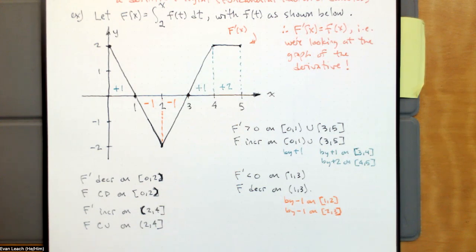Then on the interval from 4 to 5, the only part that we haven't looked at the concavity, we see that the derivative is flat on the interval from 4 to 5. So the function is not going to have any concavity on 4 to 5. We say no concavity by saying linear.